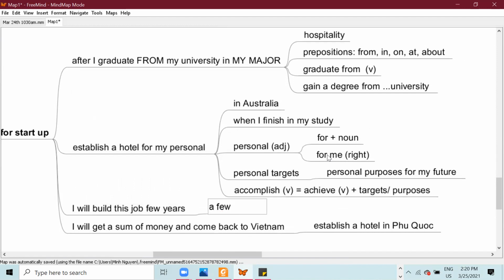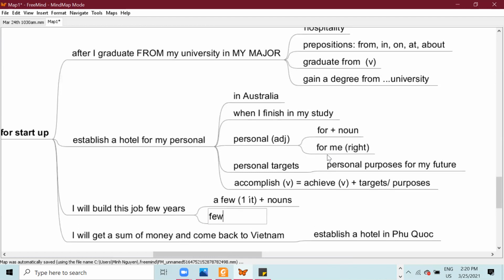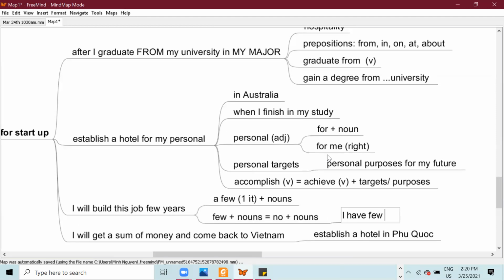We don't say fill. We only say a few. A few is the same as the word more, and after a few you need to use plural nouns. Although it means more in Vietnamese, the grammar after a few needs plural nouns. But if you use the word few, the same as the word no, then after few you use plural nouns or uncountable nouns. So I can say I have few chairs.